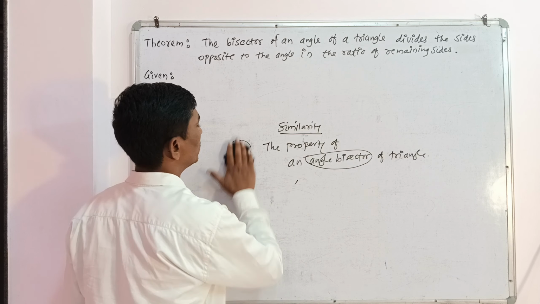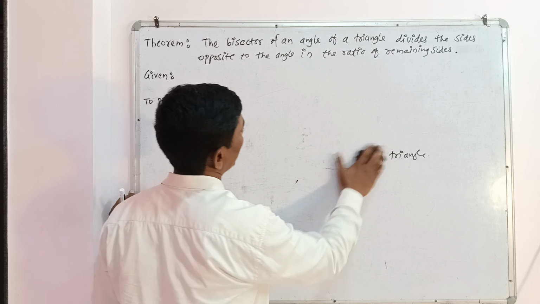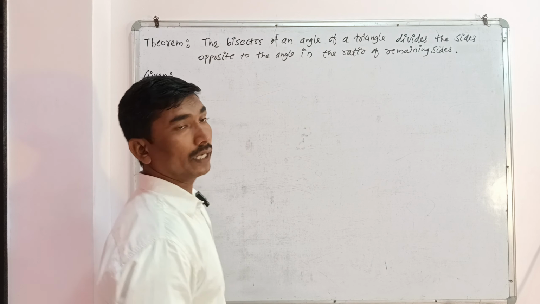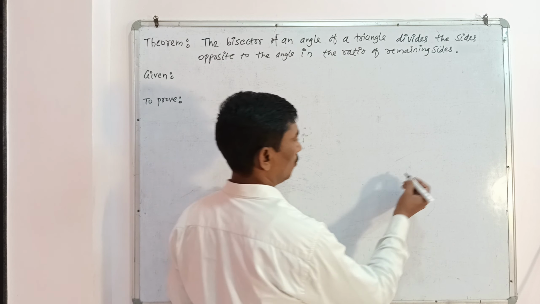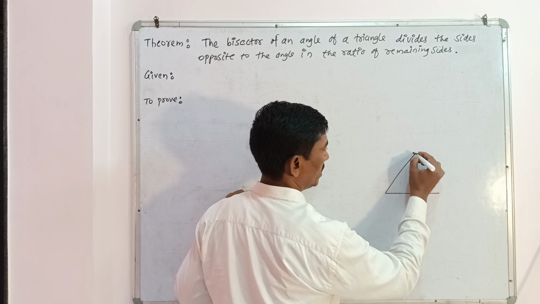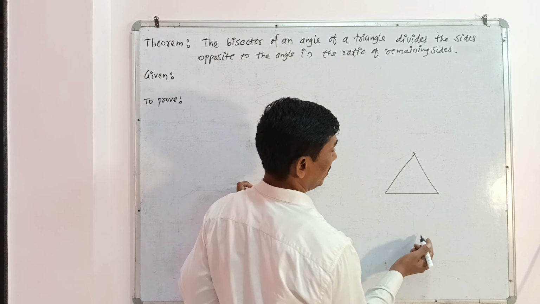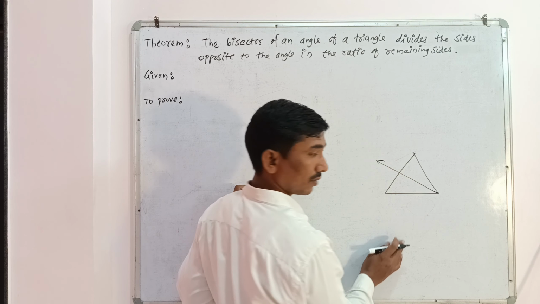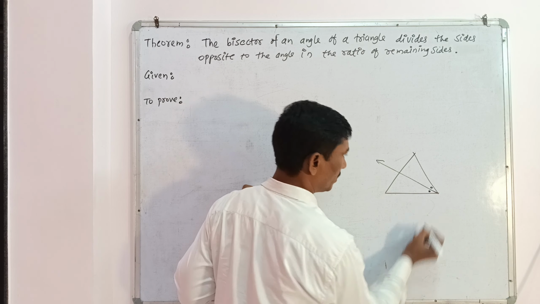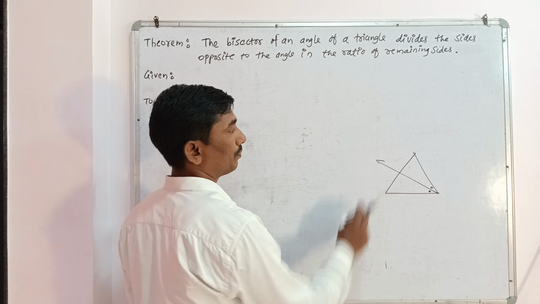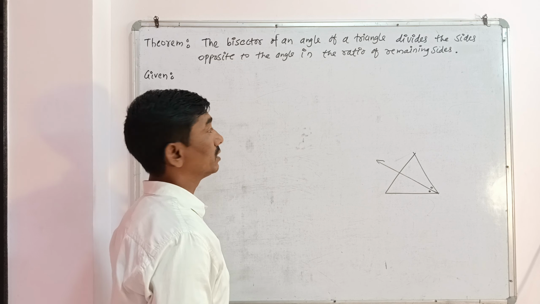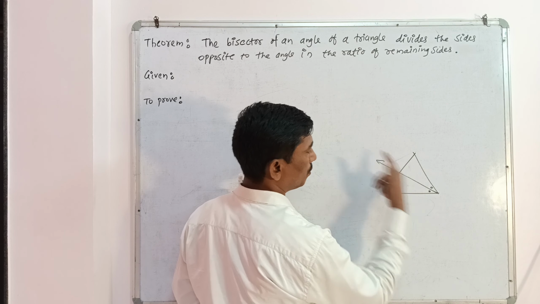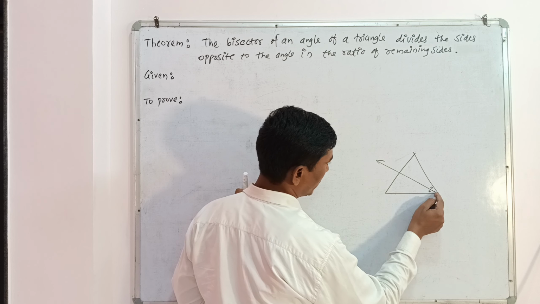Now the statement says: the bisector of an angle of a triangle divides the side opposite to the angle in the ratio of the remaining sides. What does it mean? Suppose there is a triangle, and it has a bisector of one of the angles. Suppose this angle is bisected by this ray, so this angle is congruent with this one.